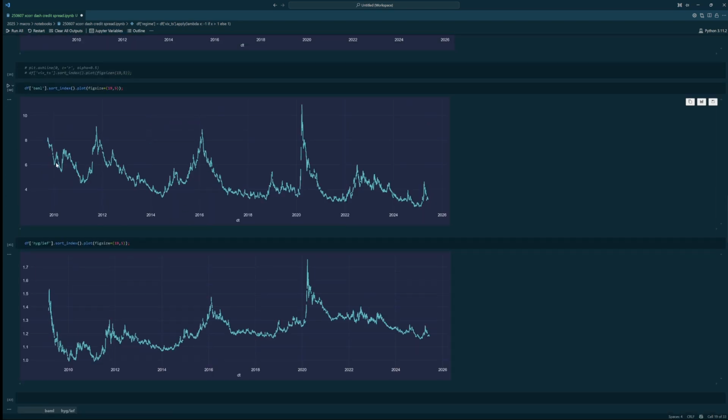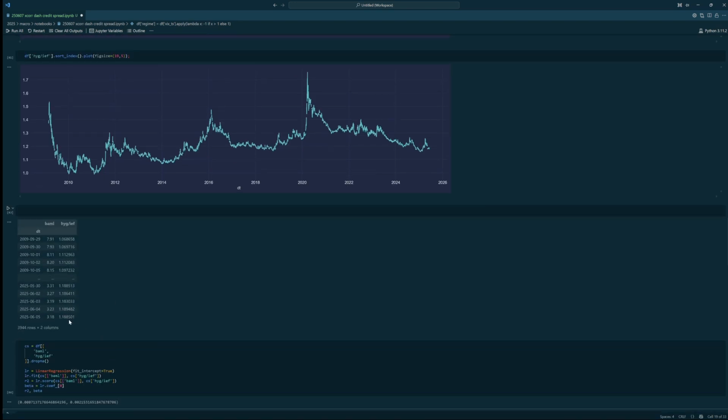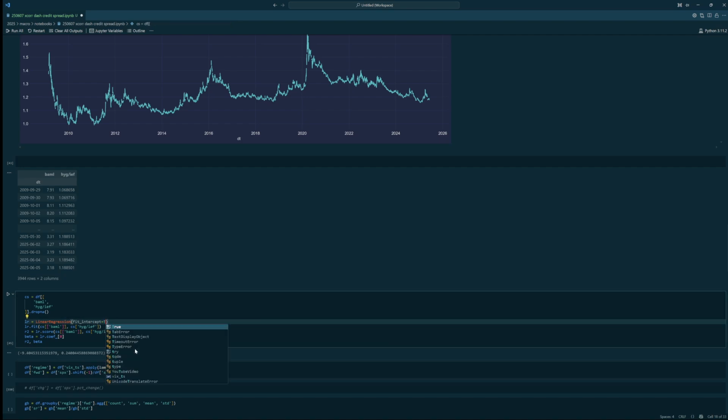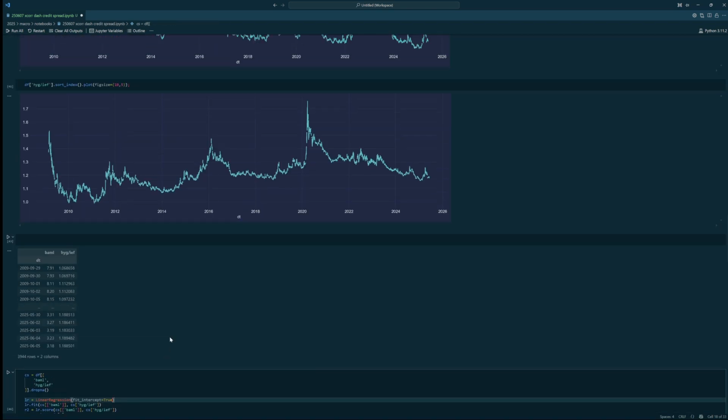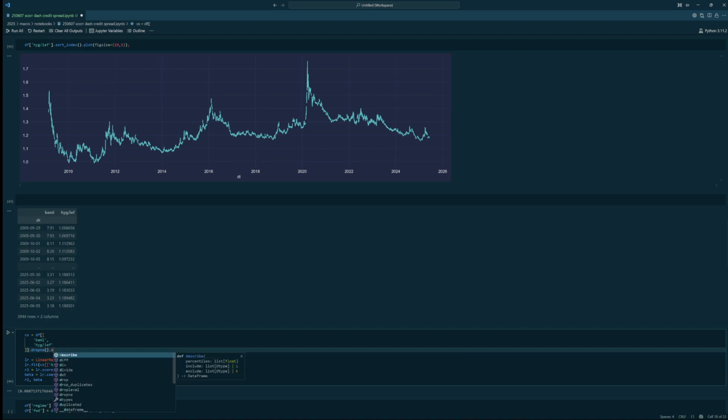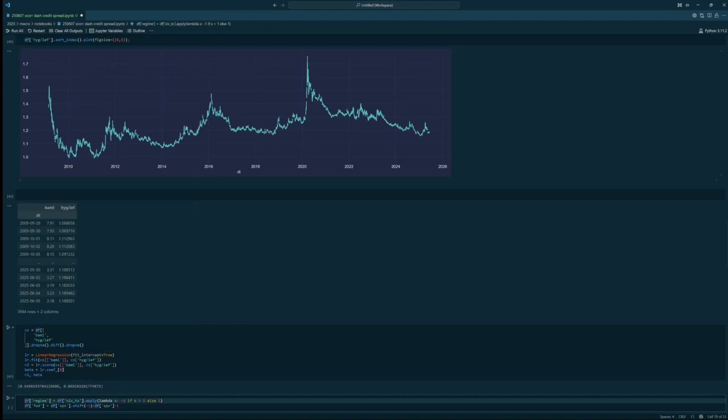So this value is a round number. This value is just a price ratio. Yeah, this kind of sucks. Let's see what this does. That's even worse. Okay. I guess we'll try to use the change. That's really good.